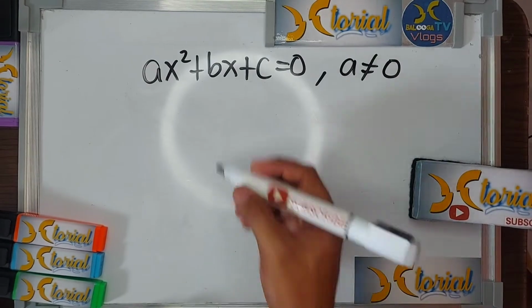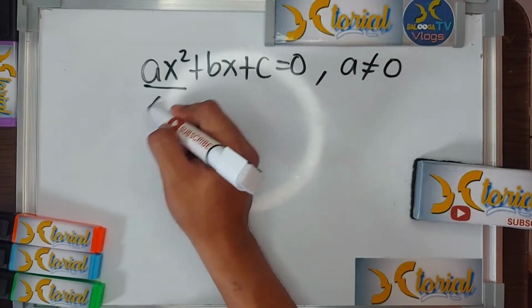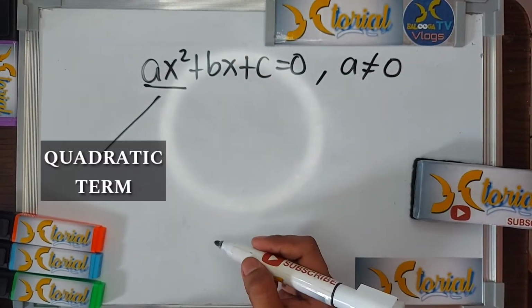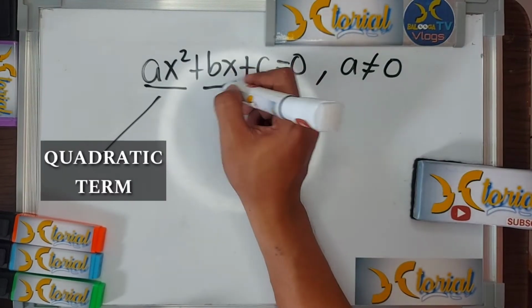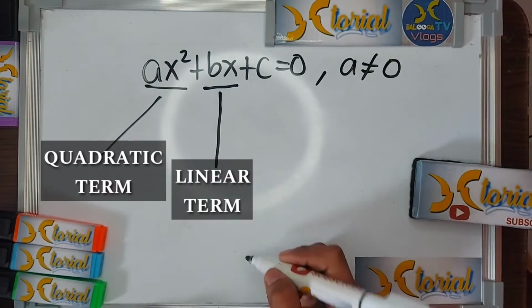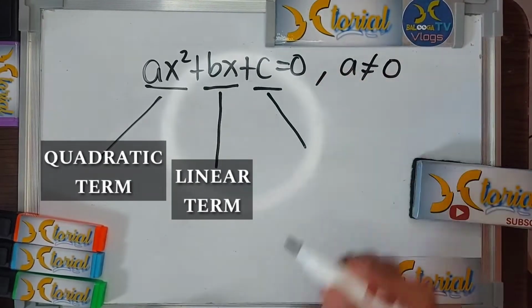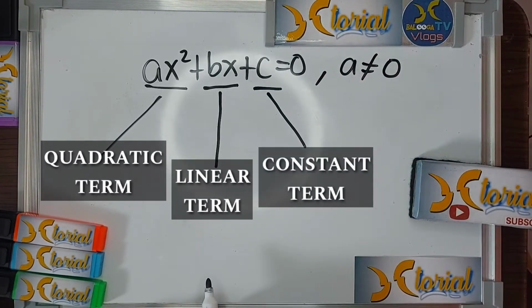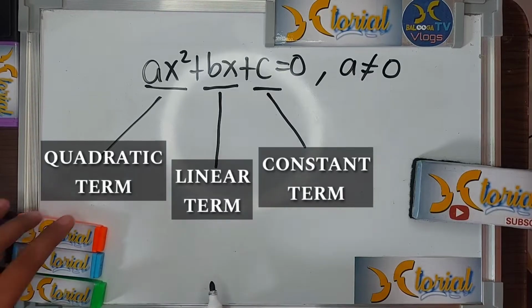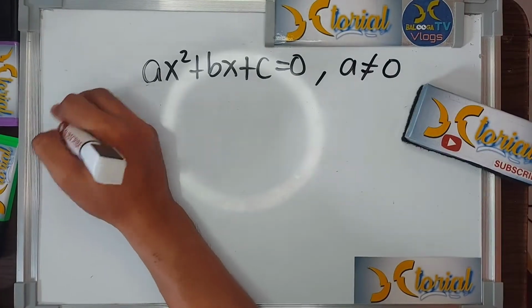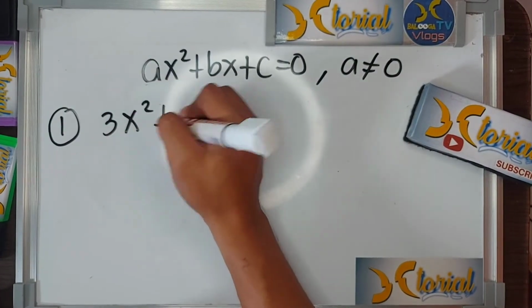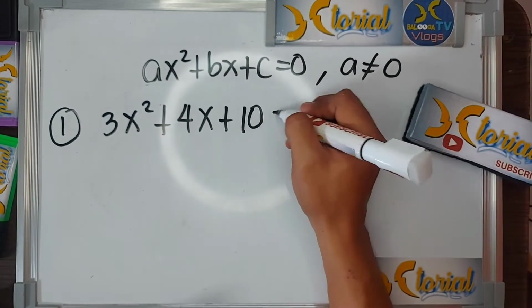So ang tawag po natin sa ax squared, siya po ay quadratic term. Ang tawag po natin sa bx ay linear term. Ang tawag po natin sa c ay constant term. Okay, so let's have an example. Number 1. 3x squared plus 4x plus 10 is equal to 0.